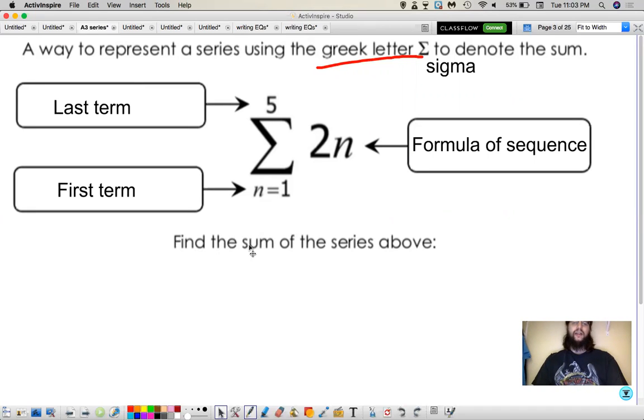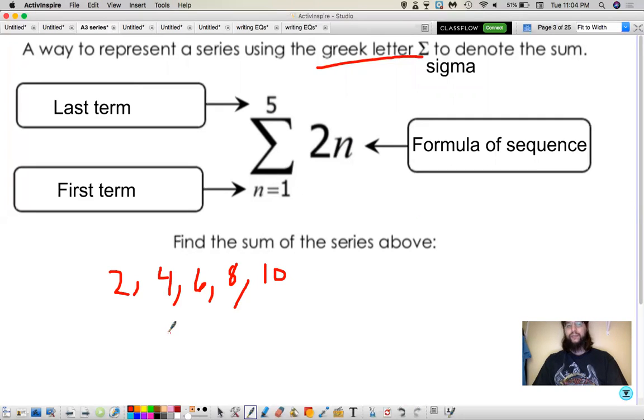So it says find the sum of the series above. To find the sum of the series, I need to first find out what my sequence is. Plug in 1 into here. What's 2 times 1? 2. 2 times 2, 4, 6, 8. What number was on top? 5. So I stopped at 5, so I'm going to plug in 10 and that's where I stop.